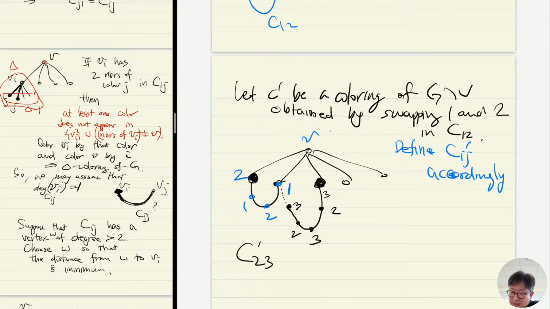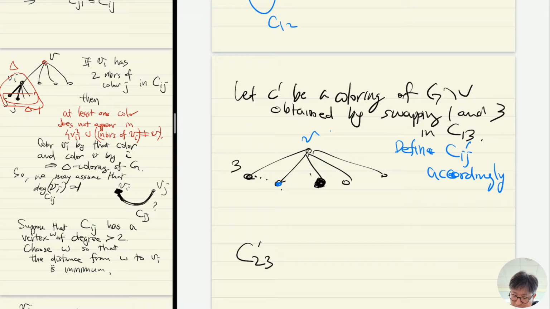Okay, maybe I will change my proof a little bit. Let's swap 1 and 3. So this choice was good. But now this is 3, 1. All right, so this is color 2 in the new coloring.